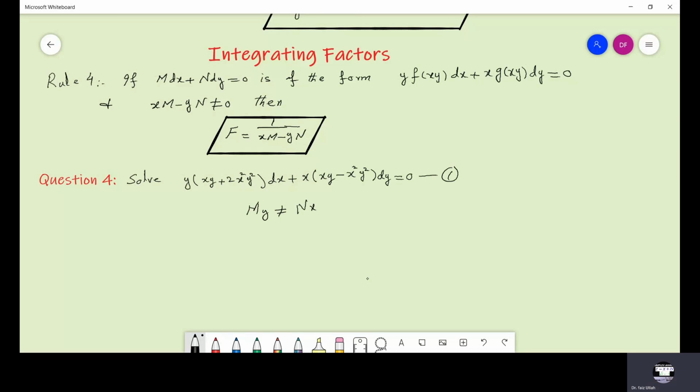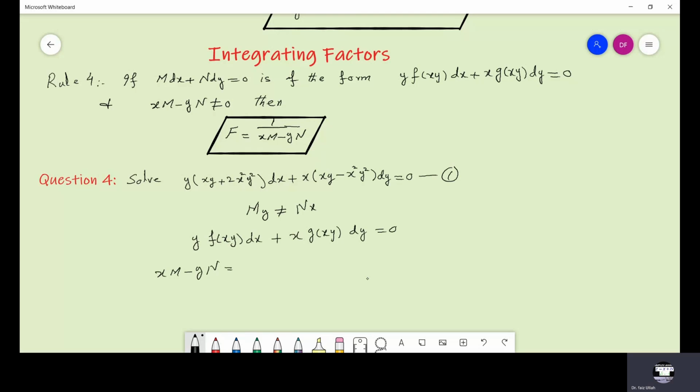Now we can see that equation number 1 is of the form y f of xy into dx plus x g of xy into dy is equal to 0. So we have to find xm minus yn.